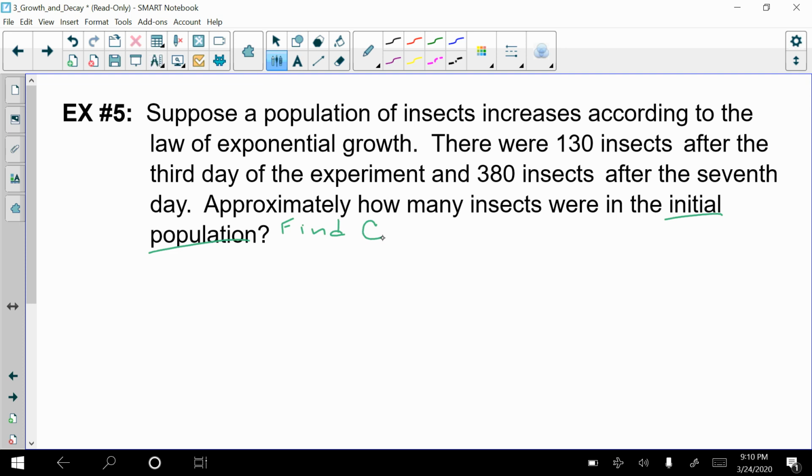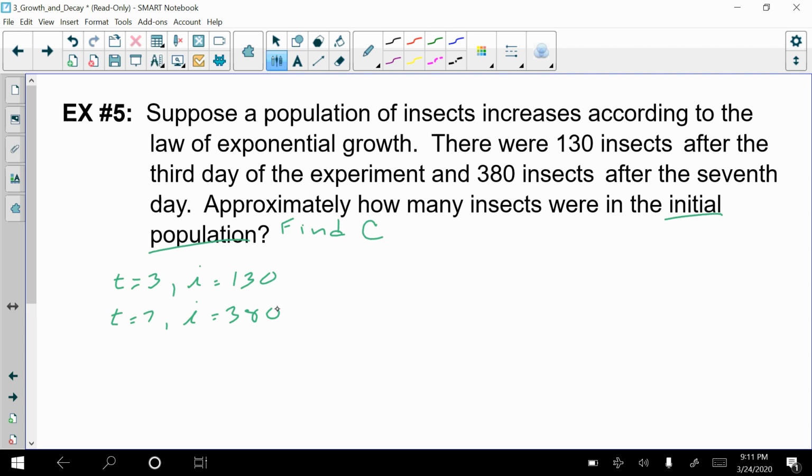Well, we don't know what that is right now, okay? But we do know that at time 3, at 3 days, we had 130 insects, and at 7 days, we had 380 insects.